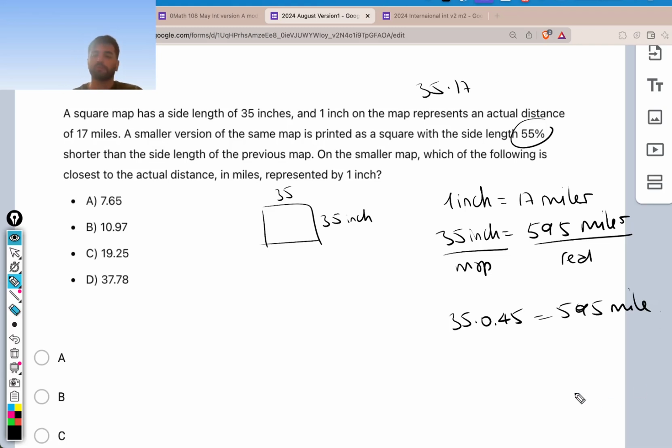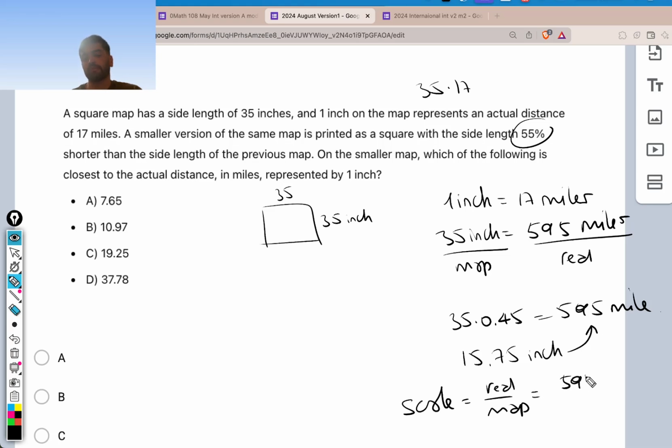It is 15.75. For 15.75 inch, now it is 595 miles. For finding its scale, we have to divide the real to map. And it is equal to 595 over 15.75, and this will be 37.78.